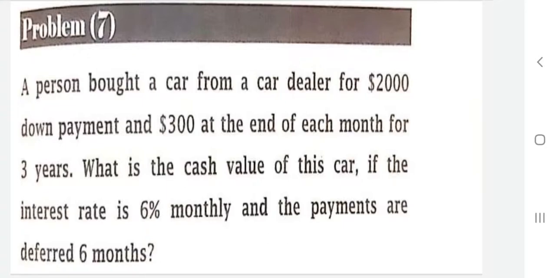Problem number 7. A person bought a car from a car dealer for $2,000 down payment and $300 at the end of each month for 3 years. What is the cash value of this car if the interest rate is 6% monthly and the payments are deferred 6 months?